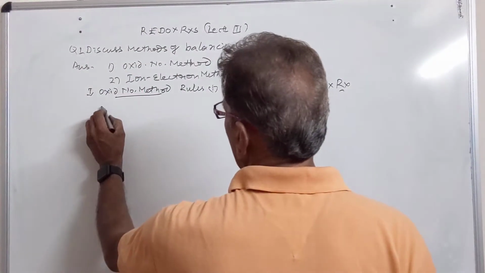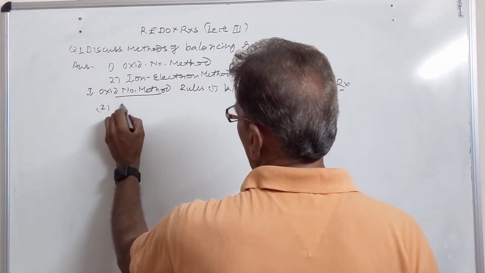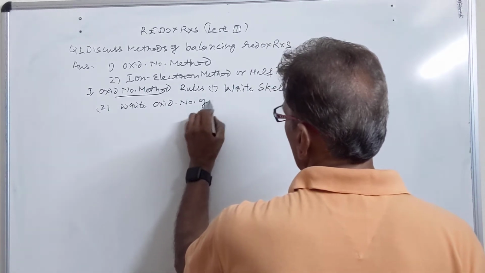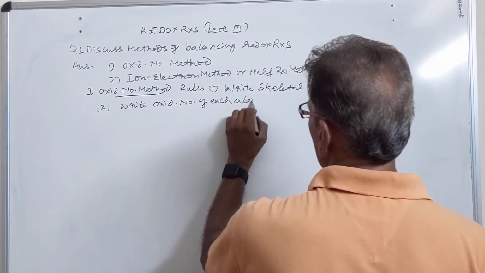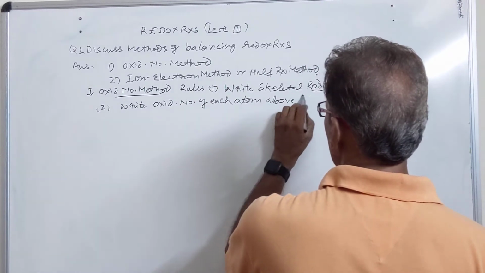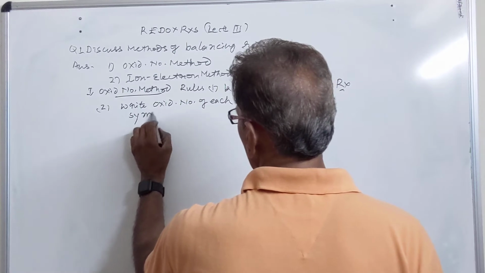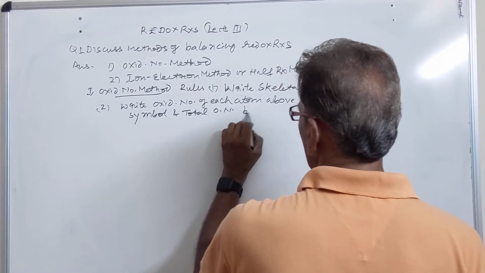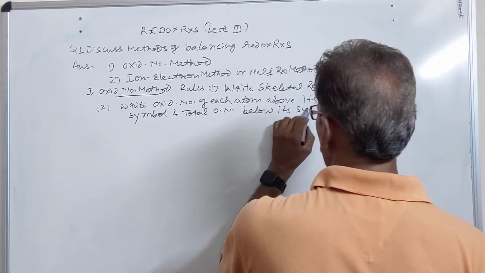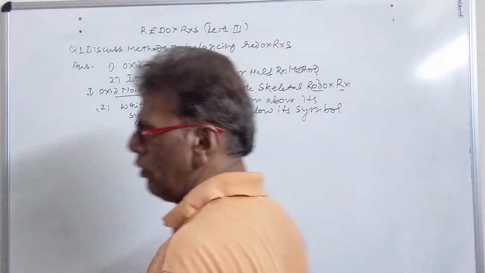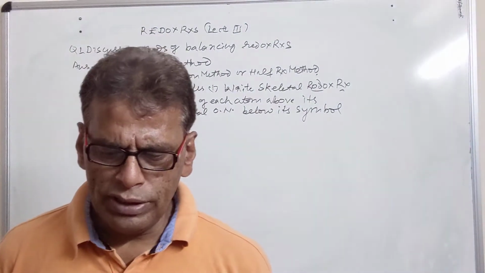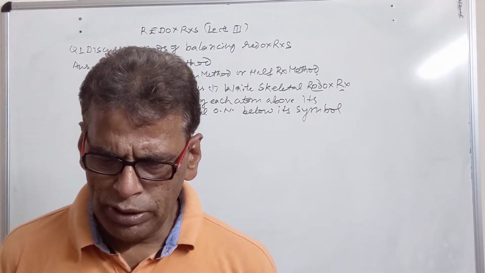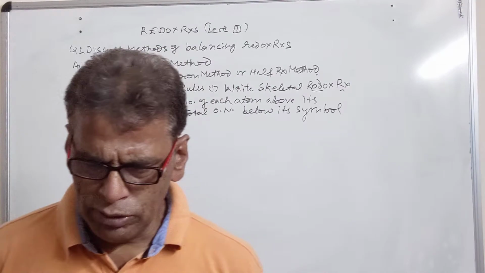Then the second rule will be to write the oxidation number of each atom above its symbol, and the total oxidation number below its symbol, for different atoms or ions.